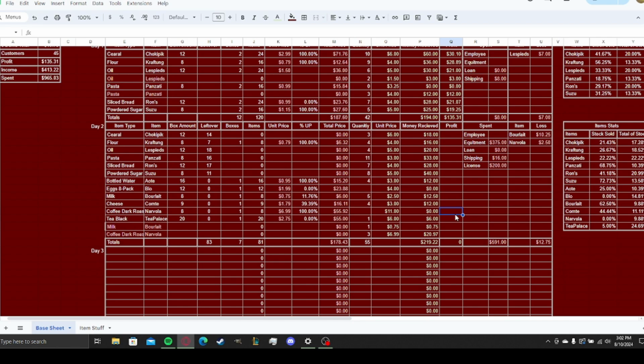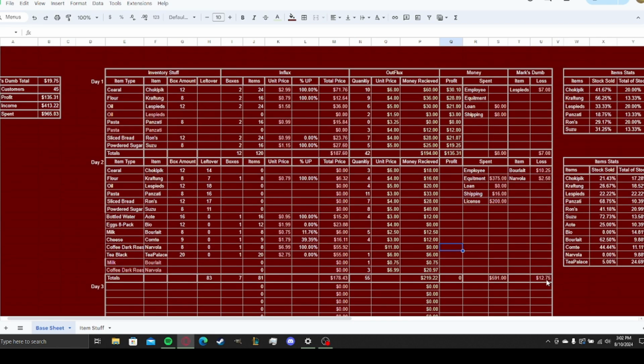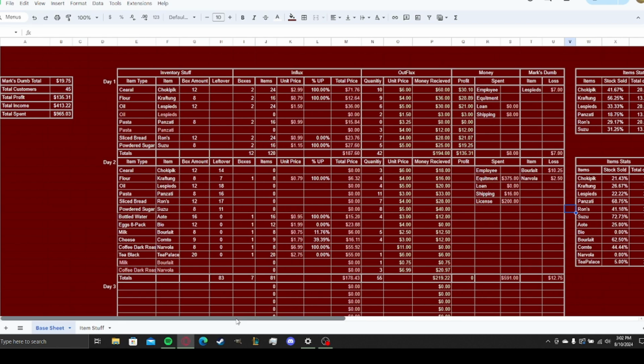So about 8% or so. 8% of his first day sales and just money lost on the second day. So not too great in that department. He has a whole bunch of stock, and a whole bunch of leftover stock too. I think leftover stock is going to be a very interesting number to see what gets left behind from the previous day.